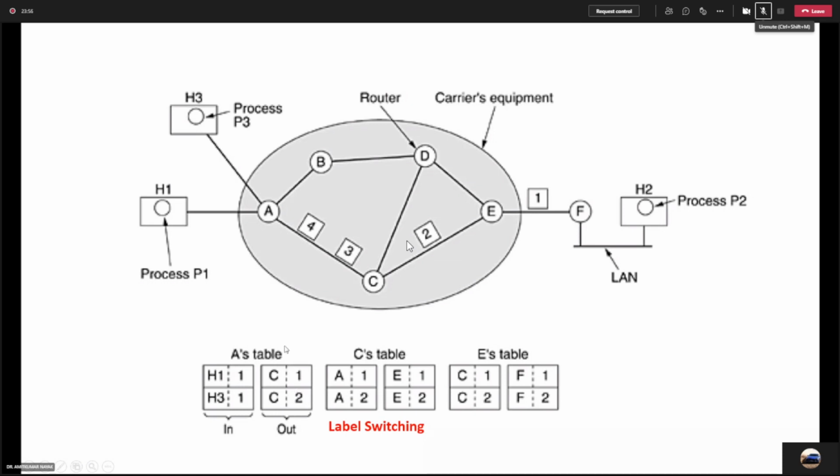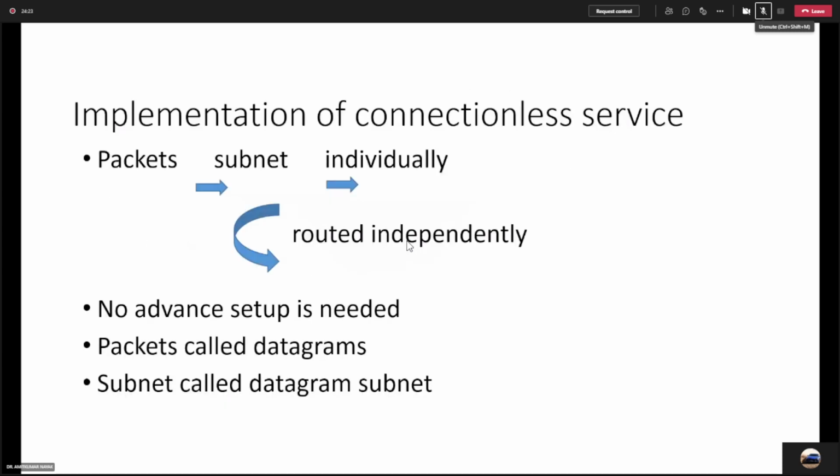Does it mean that to send data to C, it is possible to send data to C via some other interface as well? So do you have any idea about the table which is available on your screen?